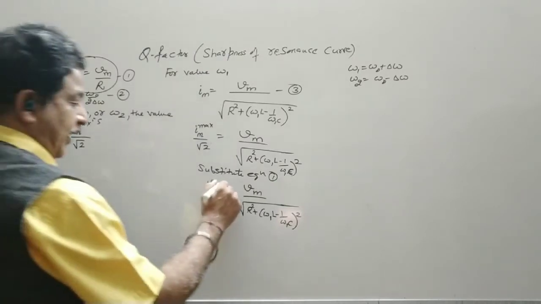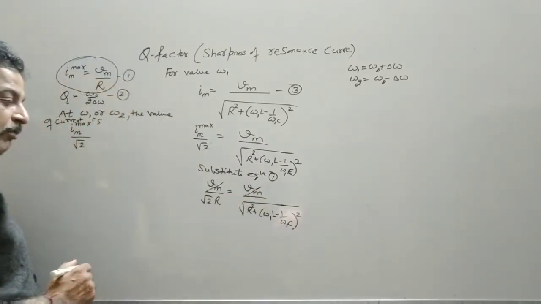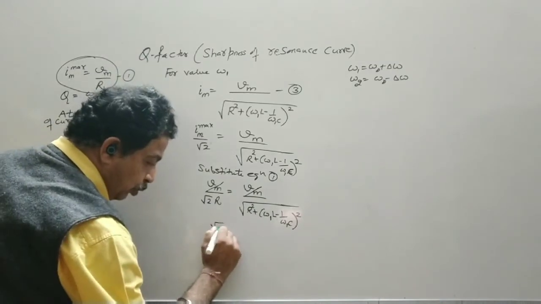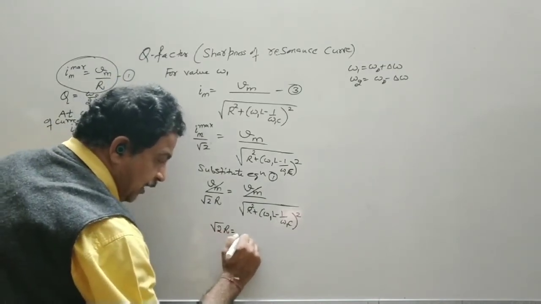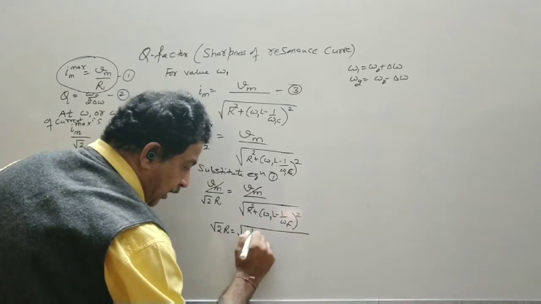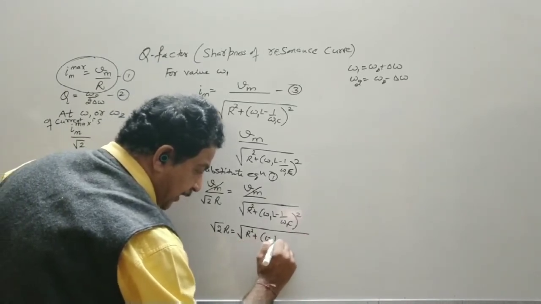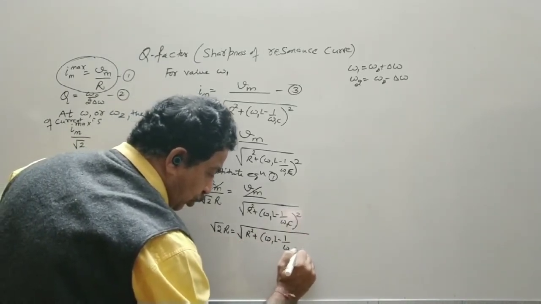So Vm is cancelled. We do a cross multiplication. So root 2 times R is equal to under root R square plus omega 1 L minus 1 upon omega 1 C whole square.